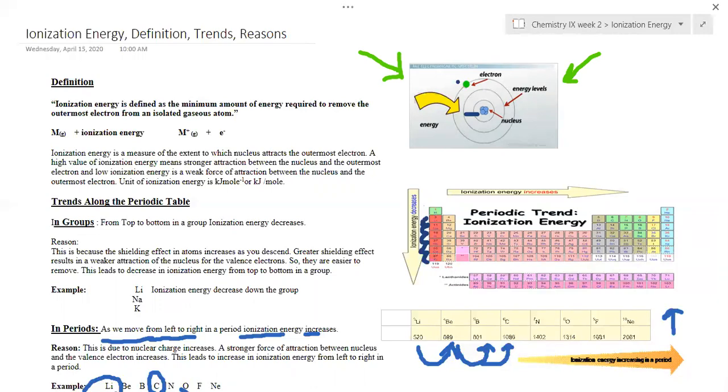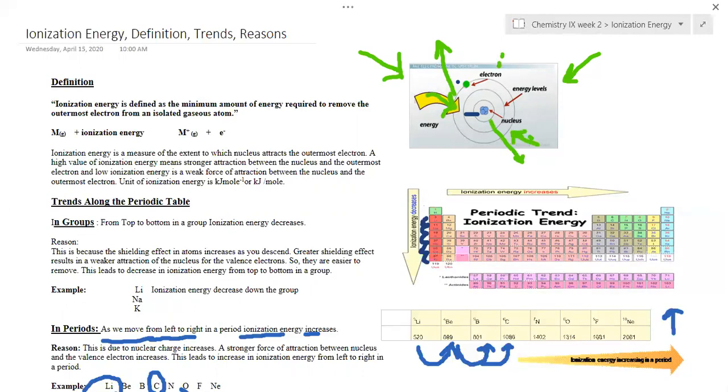So in order to remove that electron, you have to apply some force against the nucleus in the opposite direction. So if I want to get this electron removed, I have to apply this force, and this electron will be removed from it. The farther an electron is from the nucleus, the less force will be required.